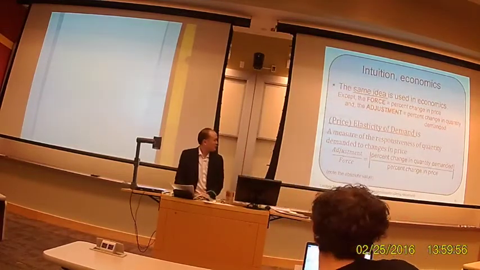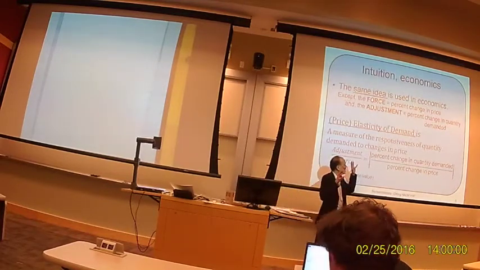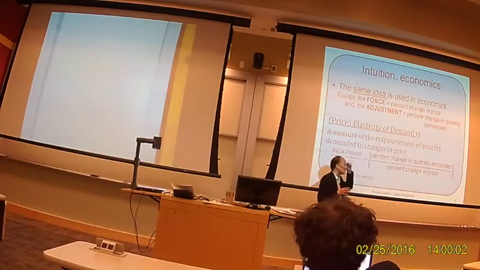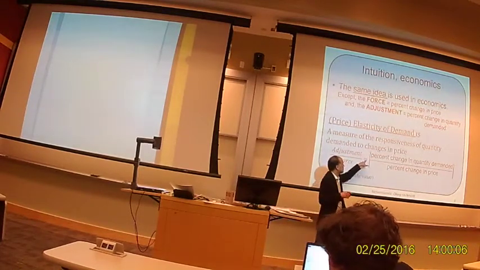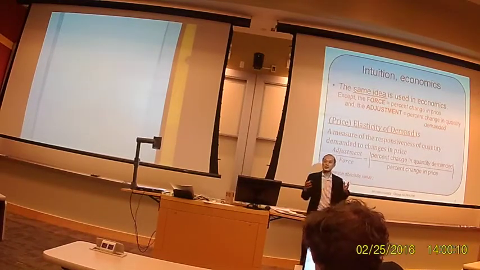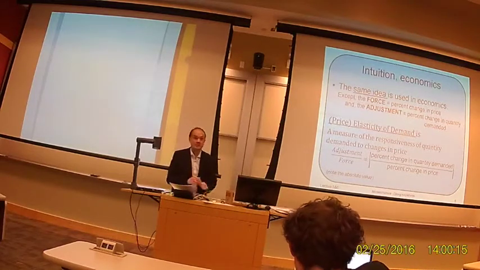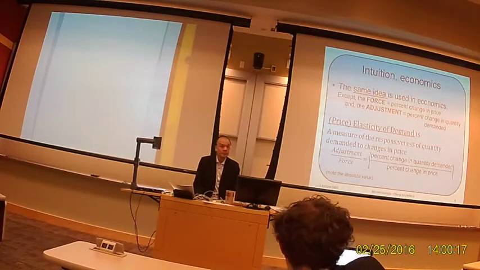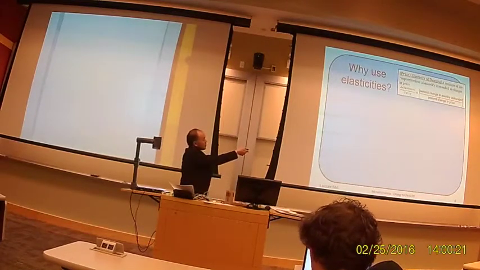Another way you can do it, which might be helpful as a rule: instead of remembering that price going up means quantity goes down, just take out the absolute value sign and put a negative in front of it, which tells you to flip the sign of the other thing. So price elasticity is this adjustment over force.